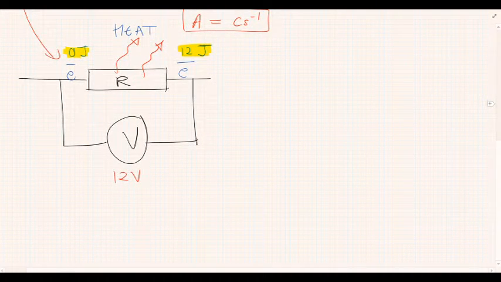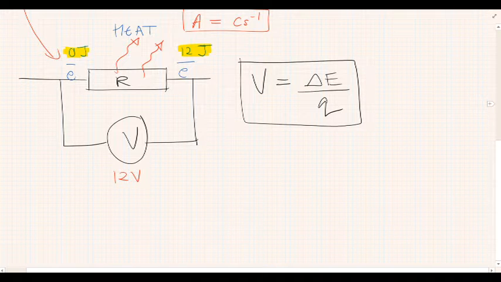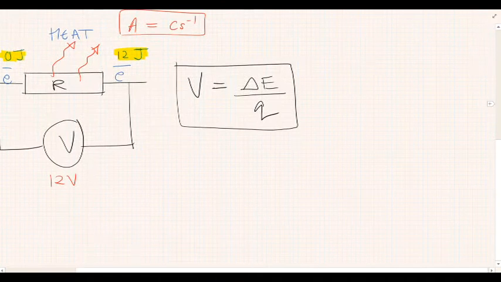So voltage, therefore, is defined as the amount of energy per charge. So the change in energy going across a component per charge in the circuit, that is what voltage, sometimes referred to as a potential difference, is defined as.